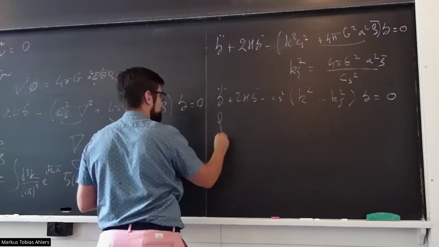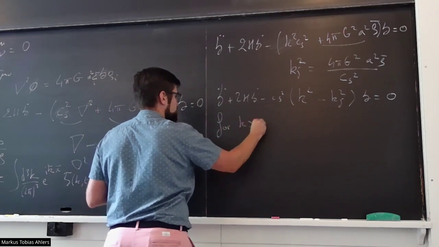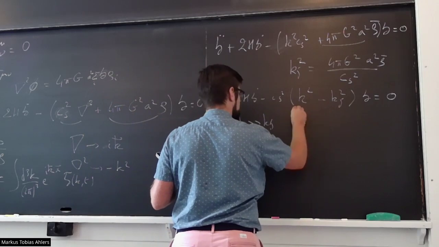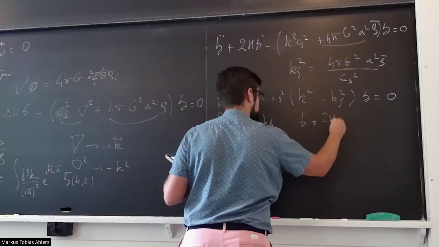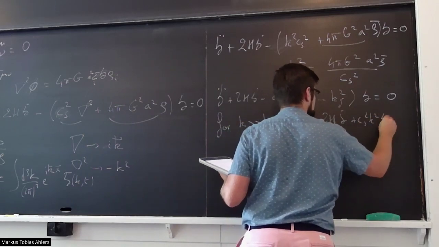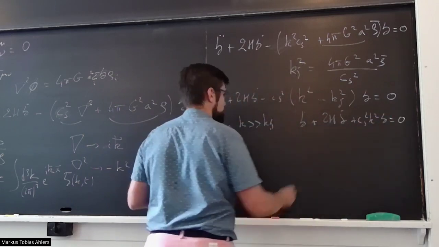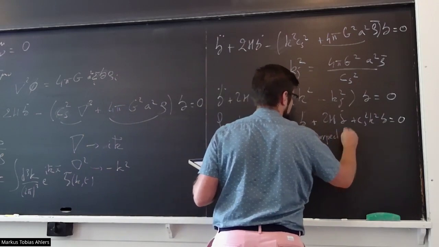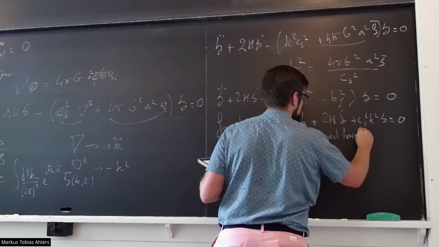So for k greater than kJ, I just get delta double dot plus 2H delta dot plus c_s squared k squared delta equals 0. So this is a damped, and the damping is important also, harmonic oscillator.